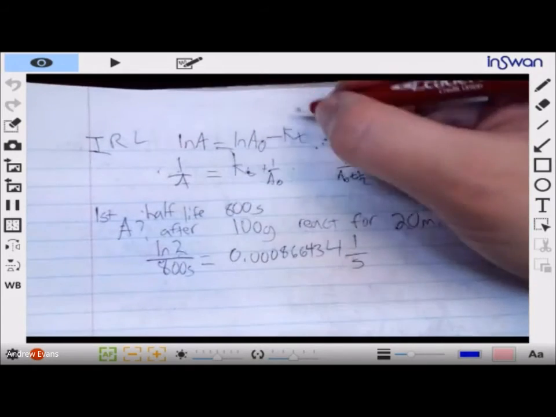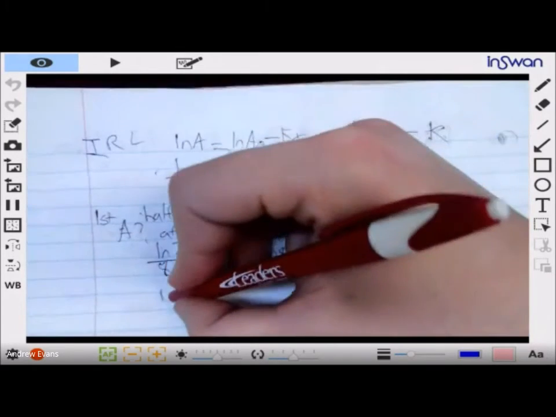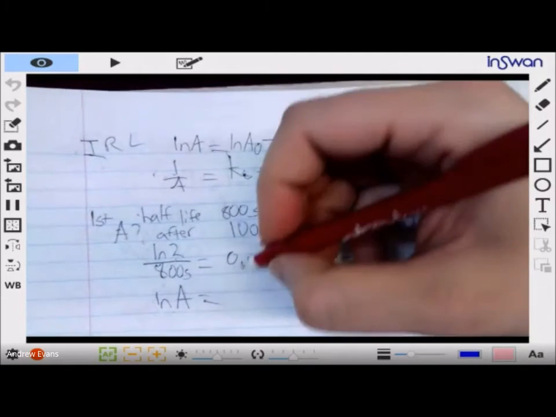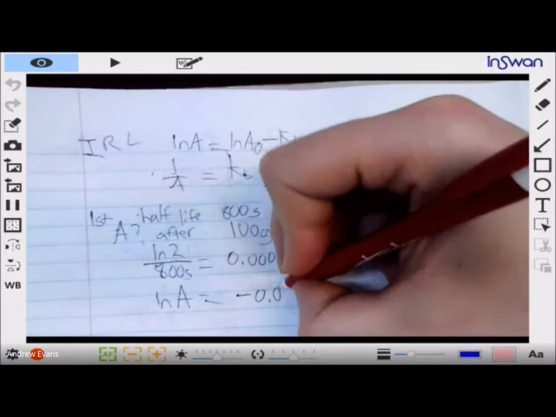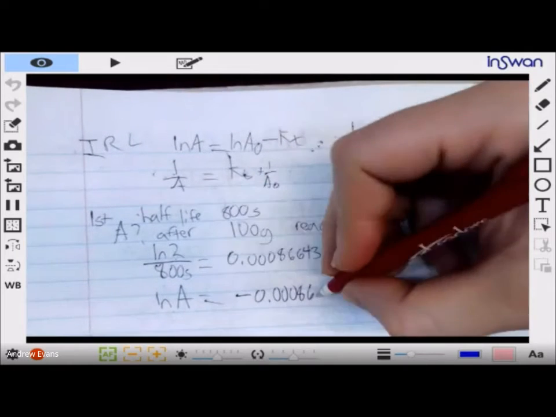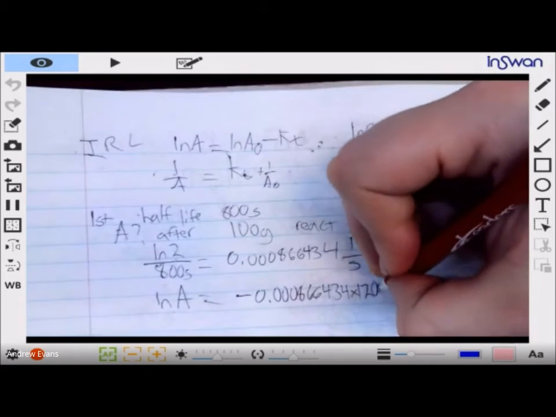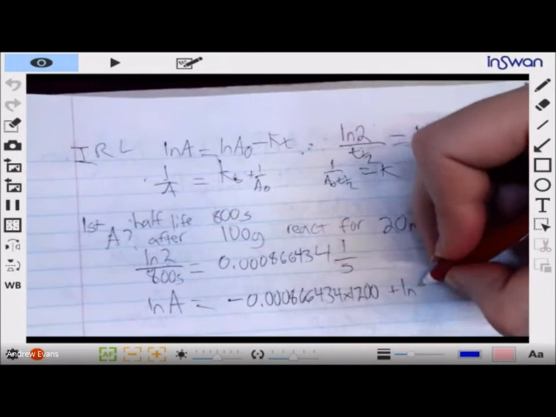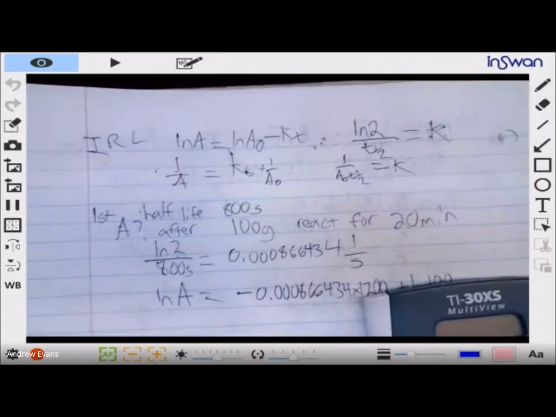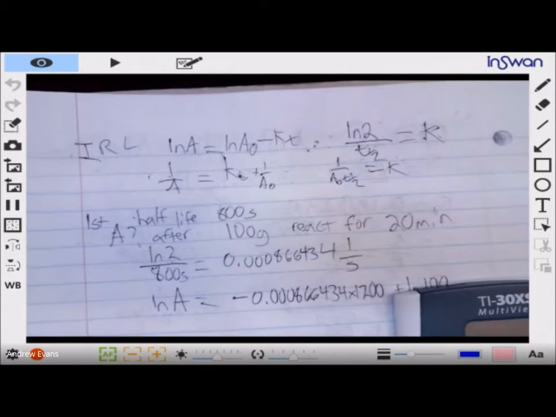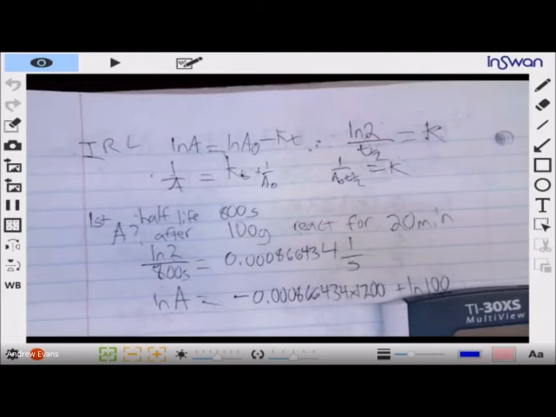With that in mind, plugging that in here, ln A is equal to negative 0.000866434 times 1,200 plus ln of 100, which is negative 1.0397 plus ln of 100.